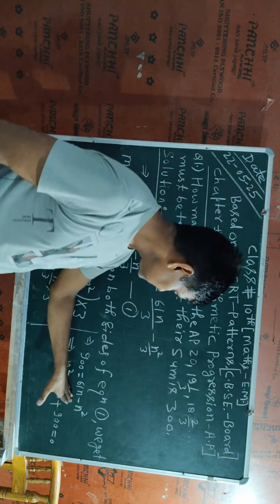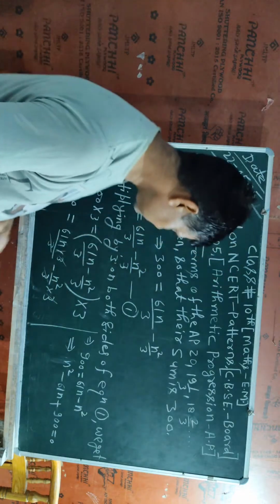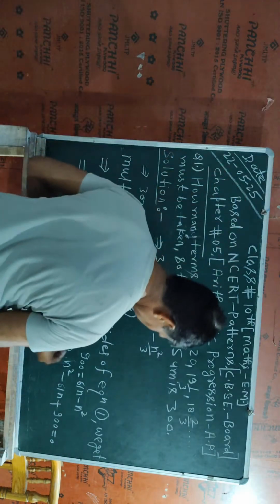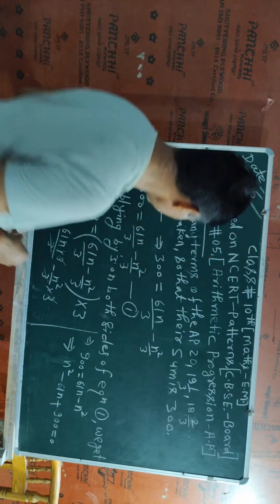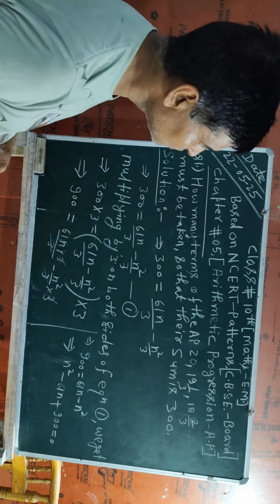Okay students, so this is the quadratic equation, and this quadratic equation I will use the concept for getting its value. Okay students, this is the required information, and you have to use it properly.